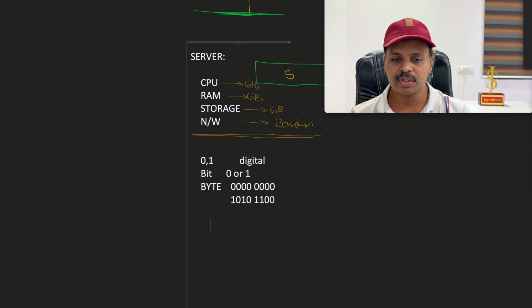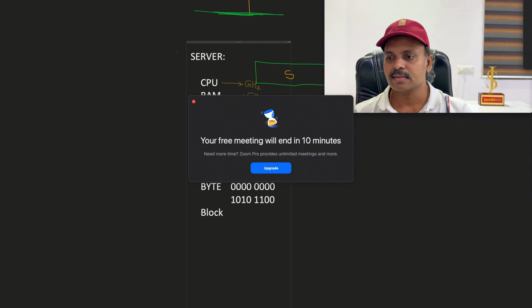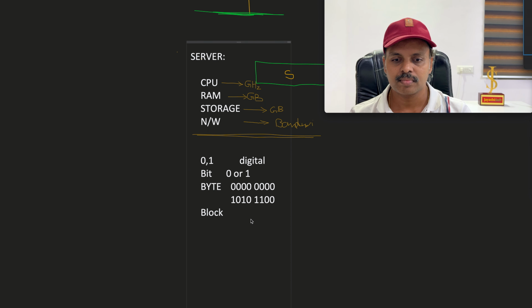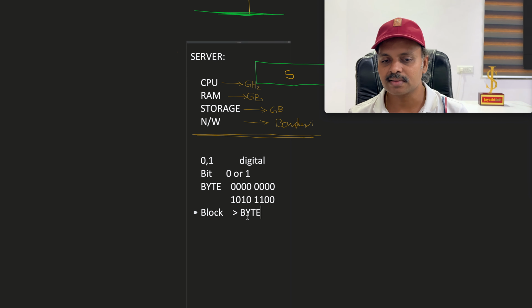And another word we come across sometimes, or most of the times, depends on the environment where you are working, something called block. So block of data, right? If we are talking about a block of data, anything technically bigger than byte, you can consider that as a block.